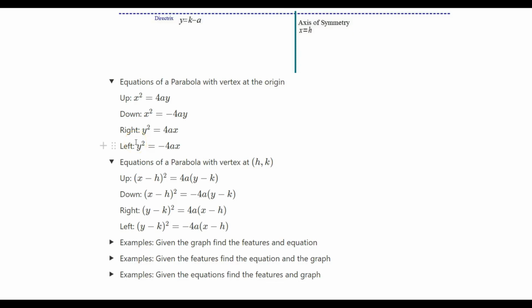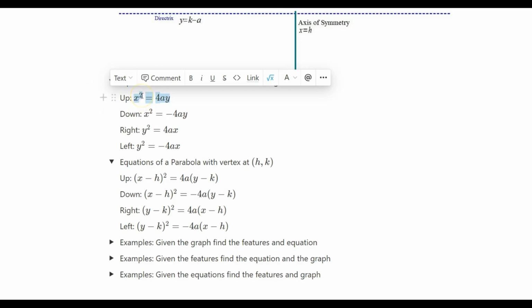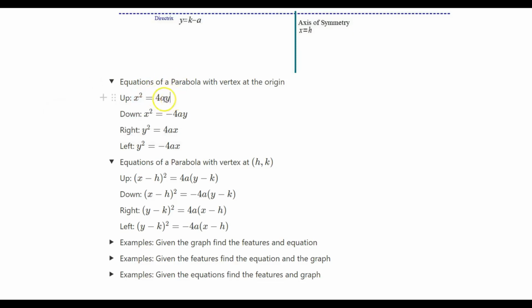So we have some equations here, and this first one, with it oriented up, you have the squared on the x and a positive value on the other side of the equation. If you put a negative value on the other side of the equation like this one, your orientation is down. If the squared is on the y, you're going to be oriented horizontally, and in this case, because it's positive, to the right.